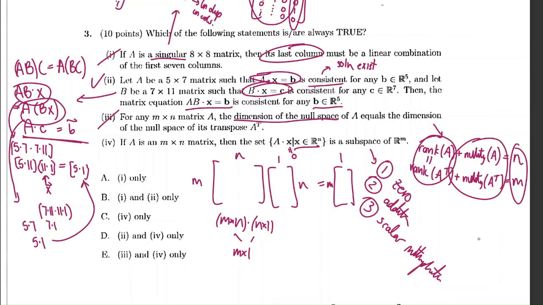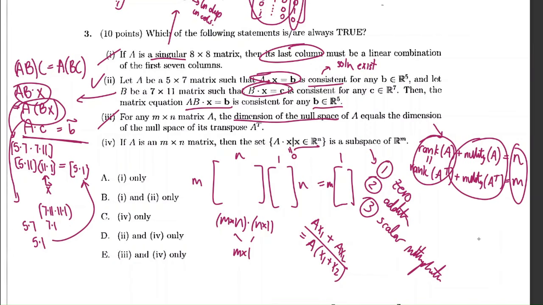The other one is closed under addition. If you have, for example, A times x1 plus x2, that equals A times x1 plus A times x2. This is going to be the case just because this is a linear system, so it will be closed under addition, based on the distributive property of these matrices.